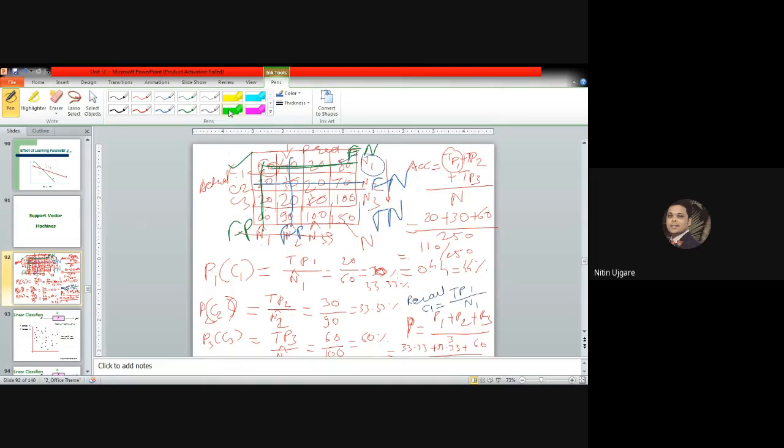The same way for class 3, this third column and third row: this gives me the false positive for class 3, whereas this gives me the false negative for class 3. Now apart from the third row and third column values, the rest of the values will be considered true negative for class 3. And that's how we calculate the precision and recall.